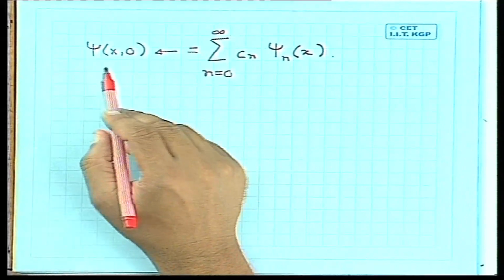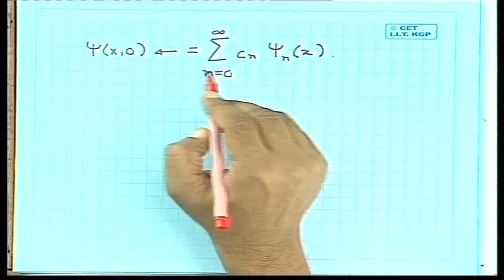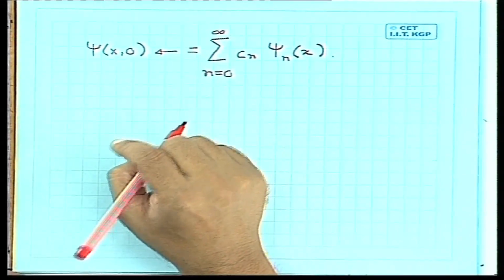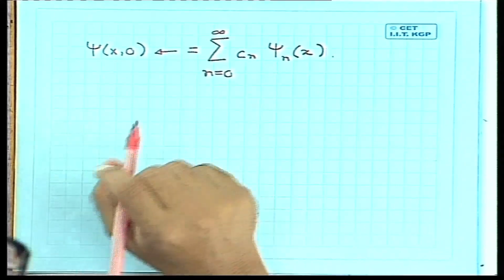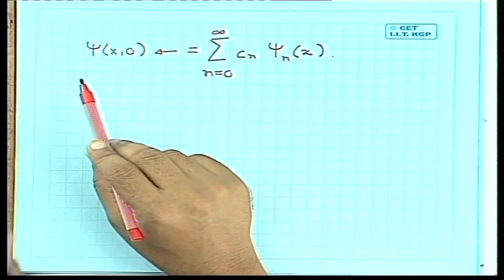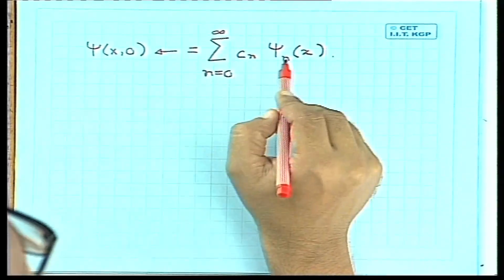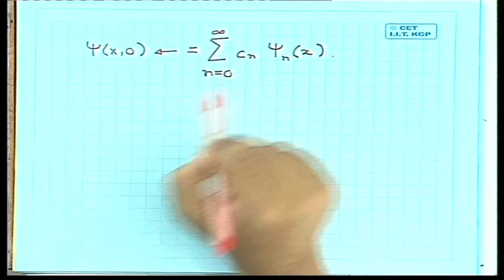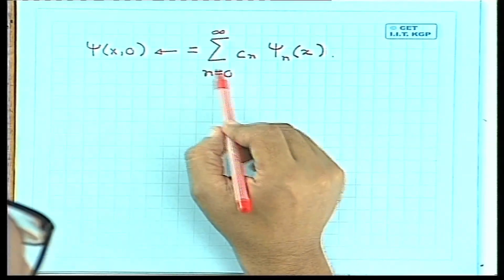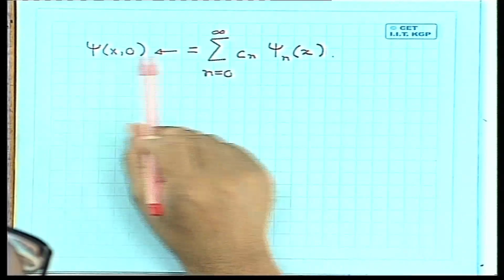This is what I had referred to as the eigenfunctions being complete. The eigenfunctions are complete in the sense that you can express any arbitrary wave function in terms of these eigenfunctions. And in this case, we have a discrete set of eigenfunctions enumerated by n, and we can express it in this fashion.